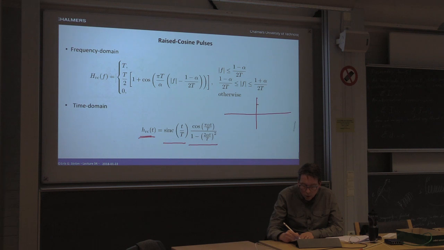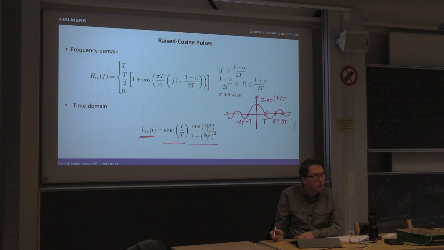It starts like this and goes down like that. So this is sinc(t/T), and it has zero crossings every T seconds, etc. So it's indeed a Nyquist pulse.